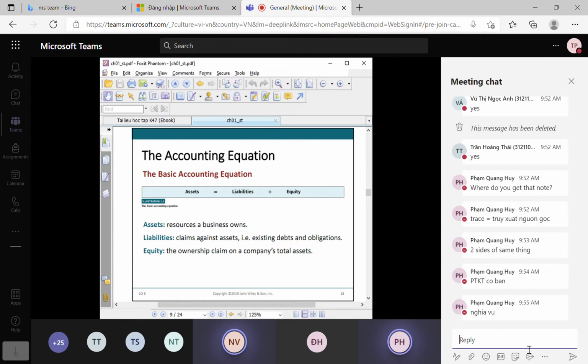Yep. Any question about the accounting equation and the basic accounting equation? A equals L plus OE. Equity means owner equity.